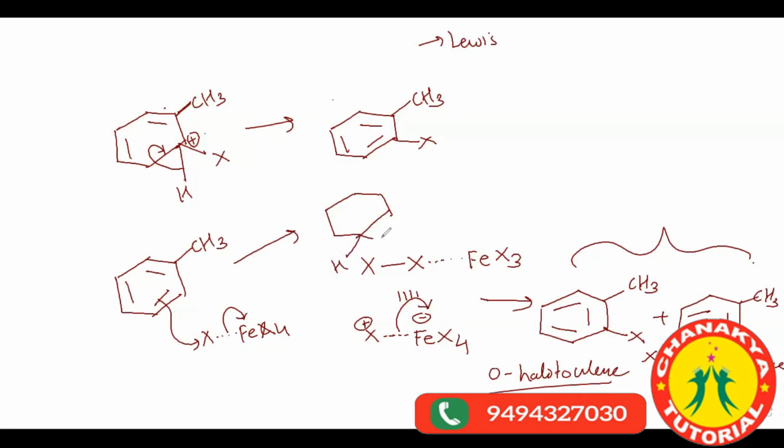Here is the hydrogen, here is your X group, right? This bond would be here in this case, and here would be your CH3, right? And it becomes electron deficient. To make it electron rich again, this hydrogen would get lost, minus H plus. You will get your para substituted product. Fine.